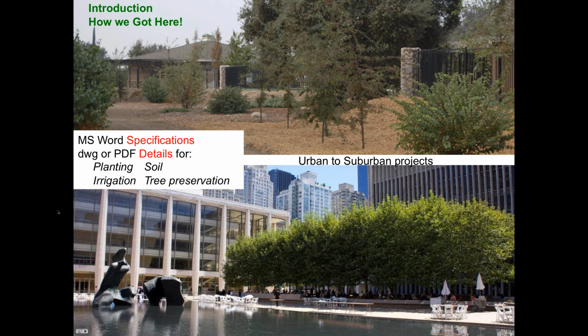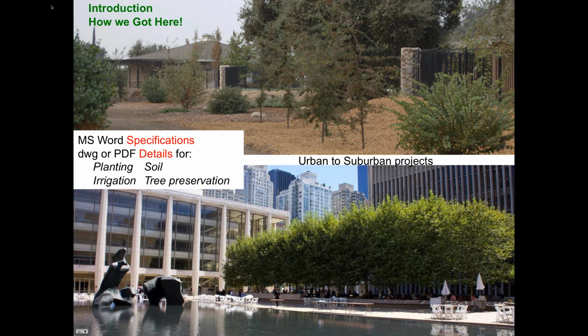The details that we're talking about, and the specifications, were written in Microsoft Word, version 8 on a Mac. They are stable on both PC and Mac. The drawings were prepared in AutoCAD DWG format and are provided in that format.